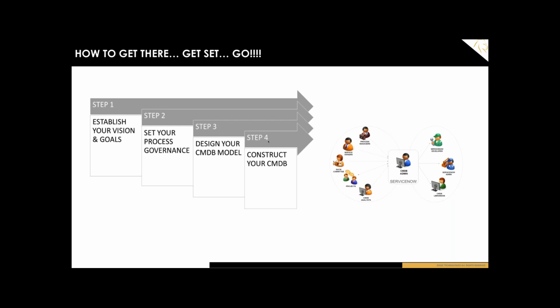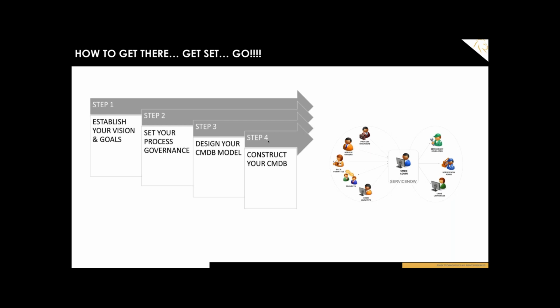When you buy a new car, everyone knows that as soon as it's off the lot, it loses 3%. So the data in the CMDB, as soon as it's loaded, is already not good, especially now that infrastructure is moving into the cloud, where it moves very fast. So it's very important to establish a vision, goals, and then the governance.